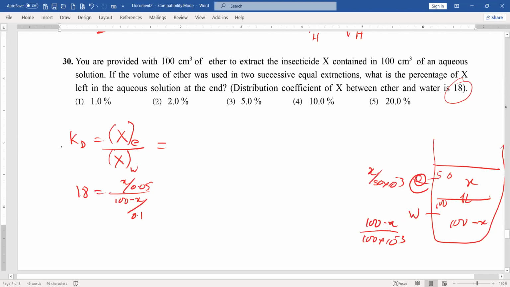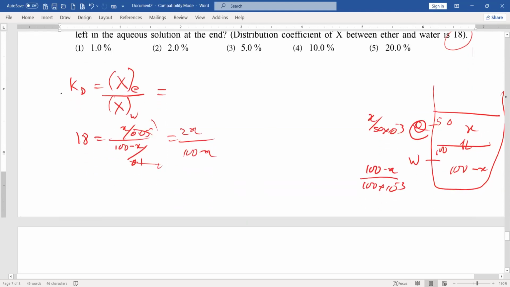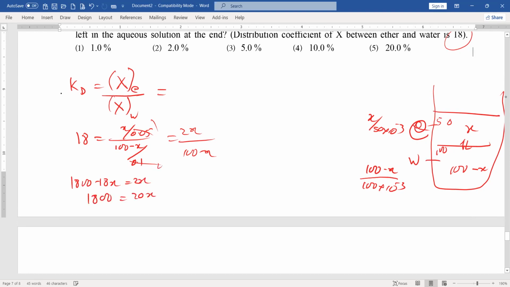Then by simplifying this, you can get 2 and 1. Then it will be 2x over 100 minus x. In the cross multiplication, it will give us 1800 minus 18x equals 2x. And then 20x equals 1800. And then x equals 90.